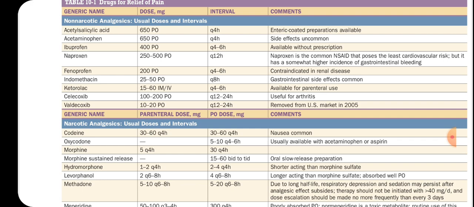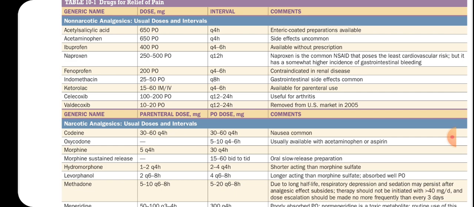Comments: nausea common. Oxycodone, parenteral dose none and PO dose 5 to 10 mg Q4 to 6 hours. Comments: usually available with acetaminophen or aspirin.